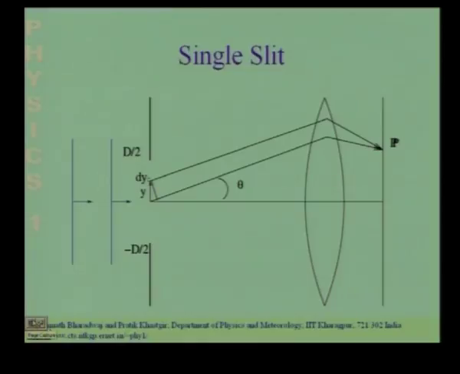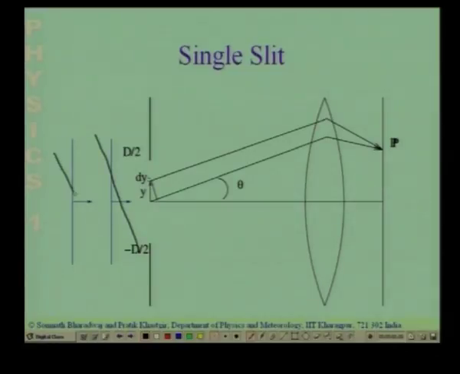You should note that this would not be true in a situation where the incident wave was at an angle and the wave fronts were like this. In such a situation, the sources on this slit would not be emitting secondary wavelets with exactly the same phase.